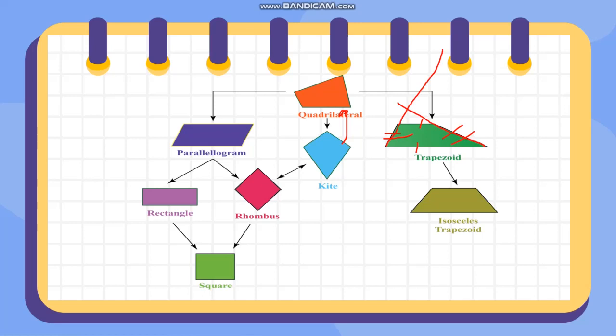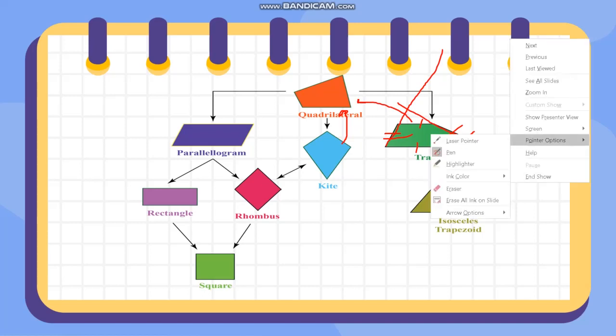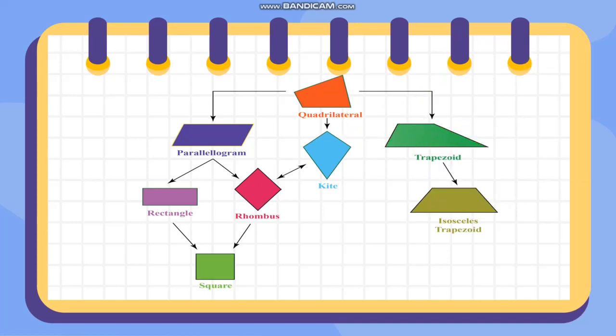That's why there is only one parallel side. So trapezoid is only a family of quadrilateral. Now, what is the difference between parallelogram and trapezoid? Parallelogram has two pairs of parallel sides, but trapezoid has only one pair of parallel sides.